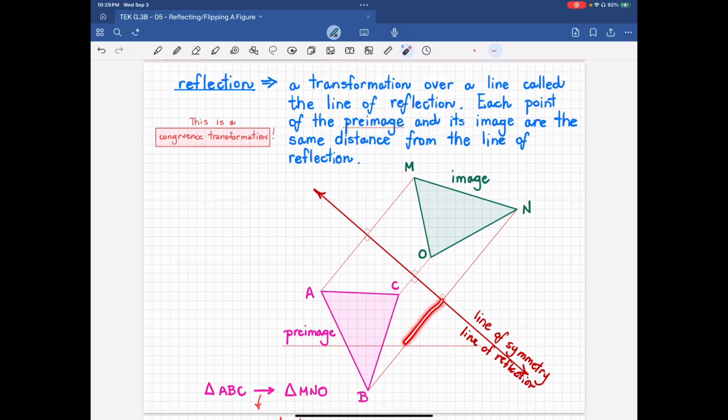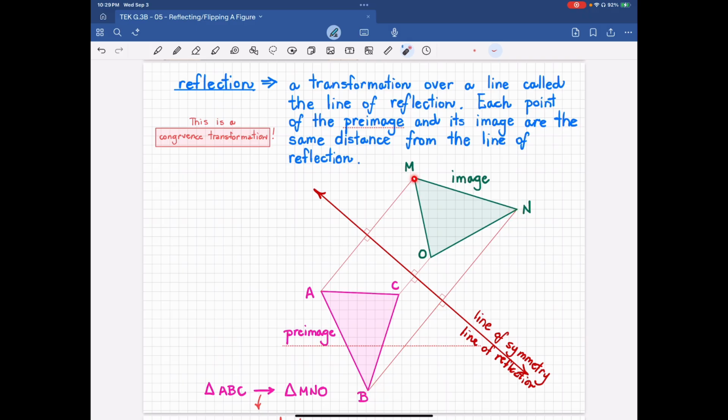Then I measure B and go out from the line of symmetry to here, and I know these two line segments are congruent. At the end, I put my reflected point. So B and N are reflections of each other.